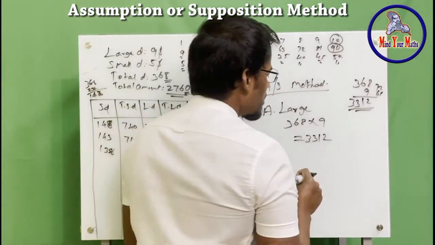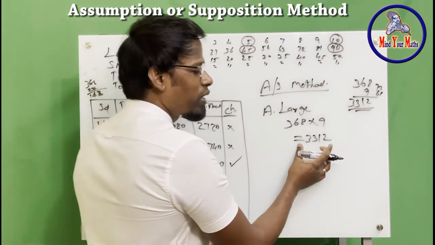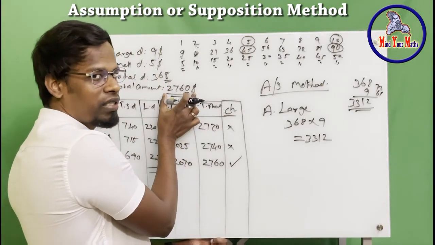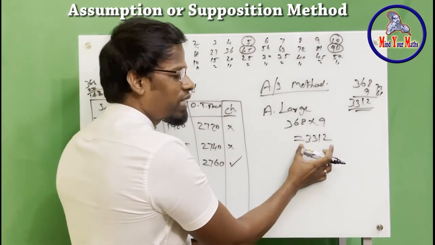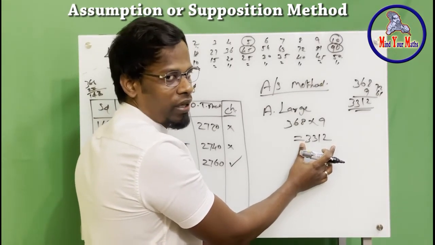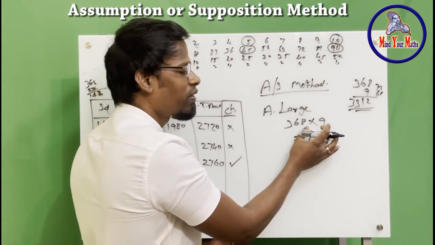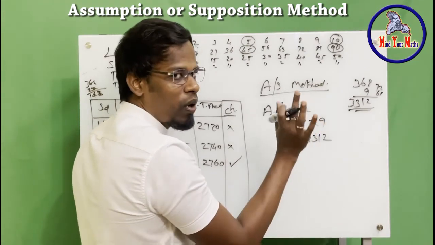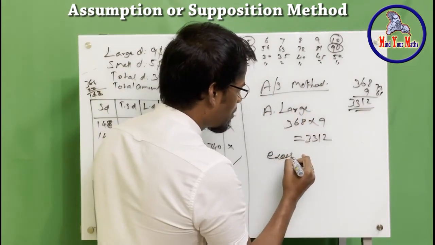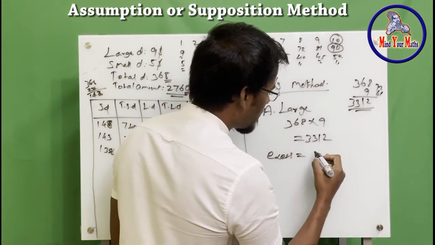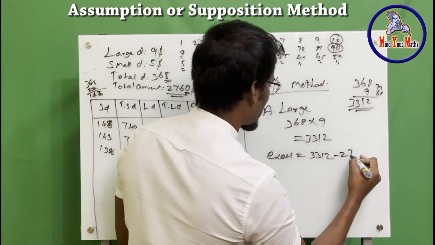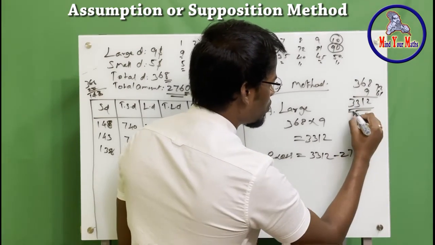Now how much Mary actually sold them for is only this much, so this is the amount she is supposed to have. So we have an excess amount, and the excess amount came from the smaller durians, because we sold all of them for 9. The excess is 3312 minus 2760.